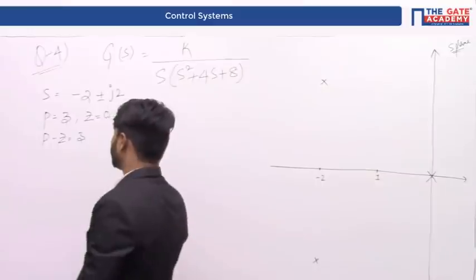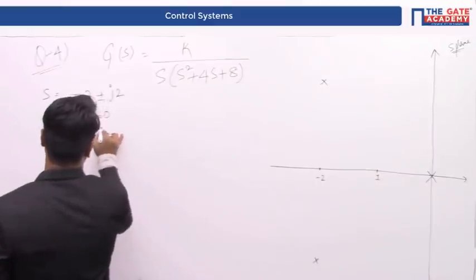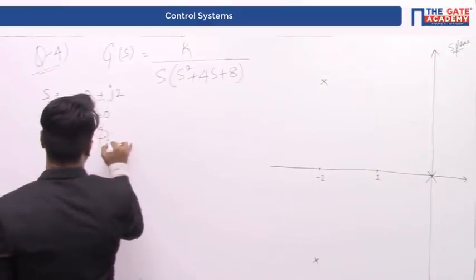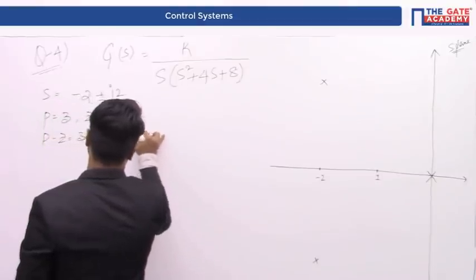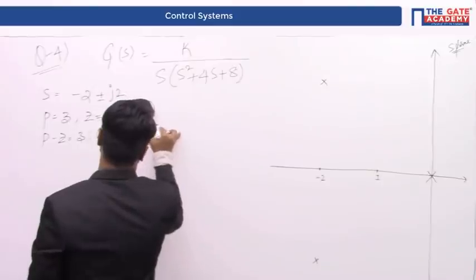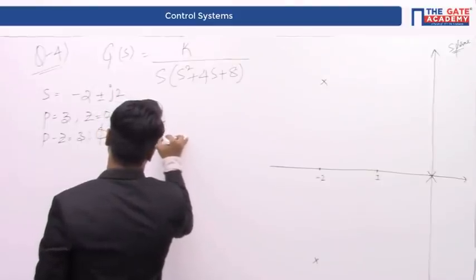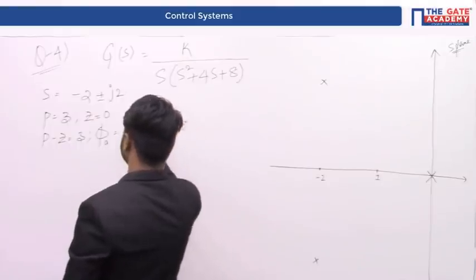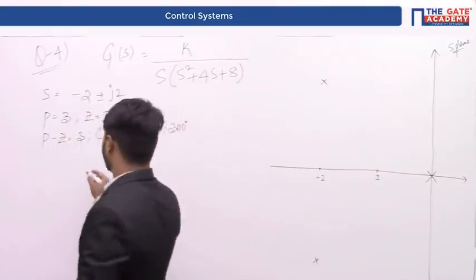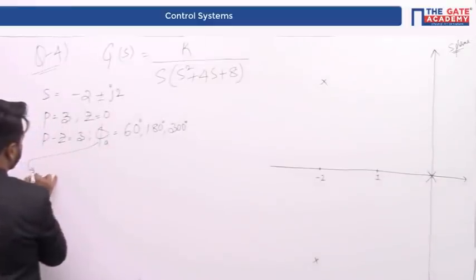If p minus z is equal to 3, then the angle of asymptotes, let us say phi suffix a, are going to be 60 degrees, 180 degrees and 300 or minus 60 degrees. So you can calculate the angle of asymptotes from this particular formula.